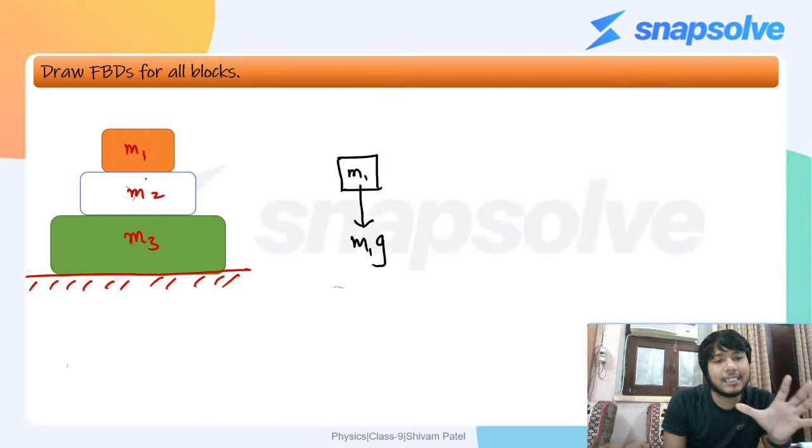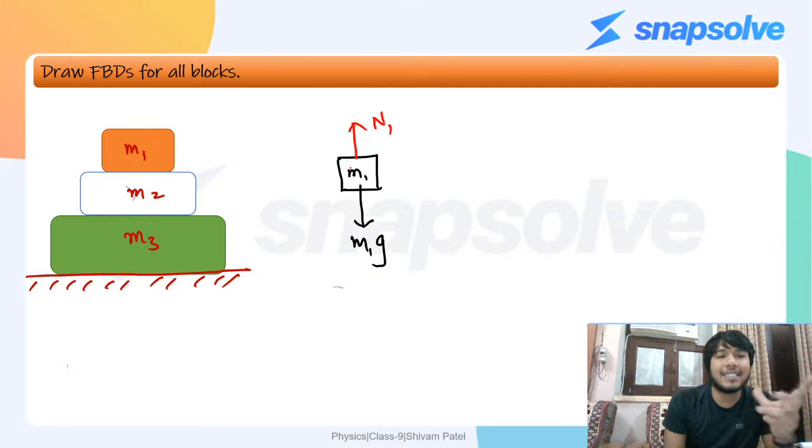Now see, consider this, if only m1g is acting on this m1, then the block should move down, right? But as you can see here, the block M1 is at rest. That means M2 must be applying an upward force on this M1, and that upward force is called the normal reaction force. Clear? So I'm marking that normal reaction force by the name, let's say N1.